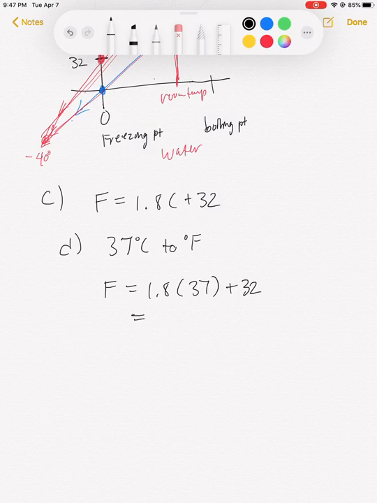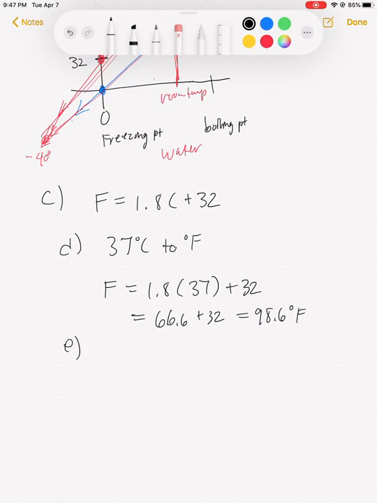So 1.8 times 37 is 66.6, plus 32 is equal to 98.6 degrees Fahrenheit. Okay, so that's actually body temperature, 37 degrees Celsius, and that is equal to 98.6 degrees Fahrenheit.